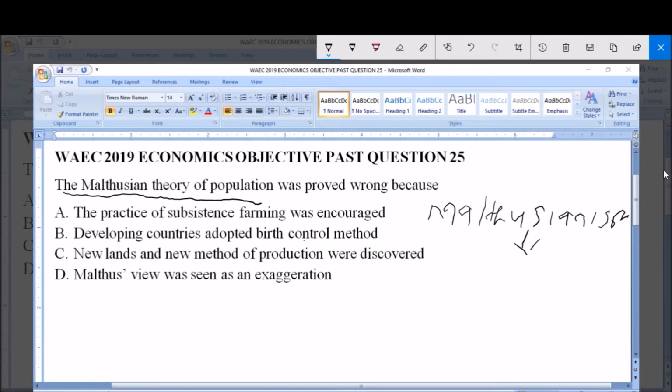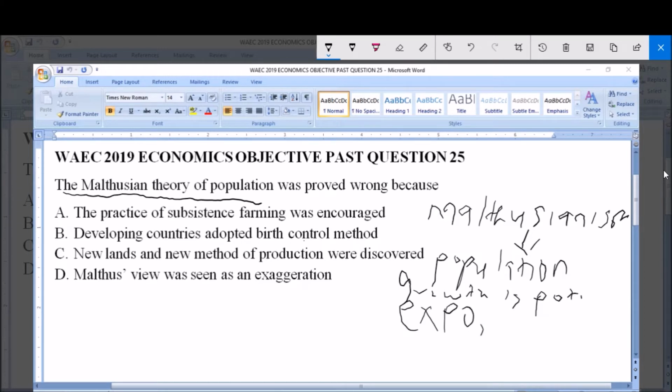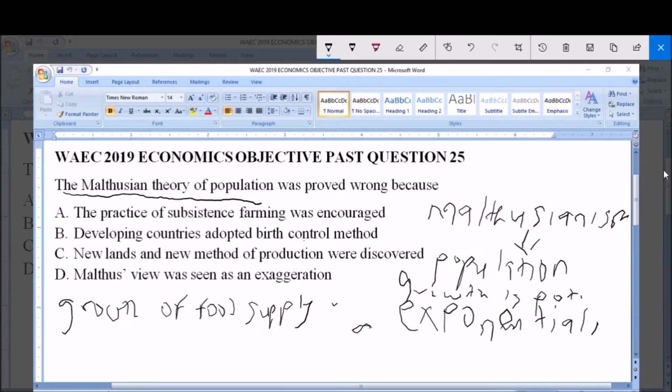It is basically the idea that population growth is potentially exponential, while growth of food supply or production is linear.